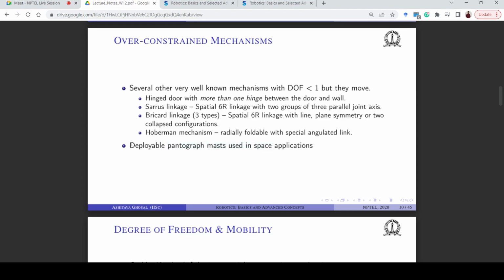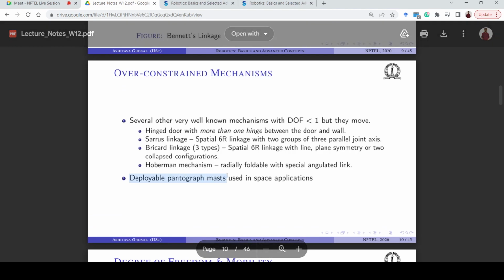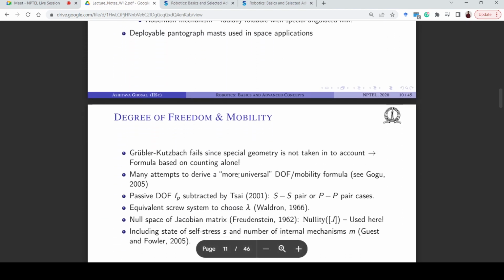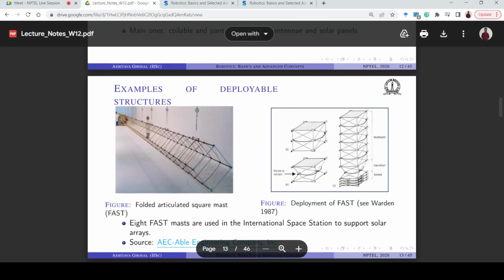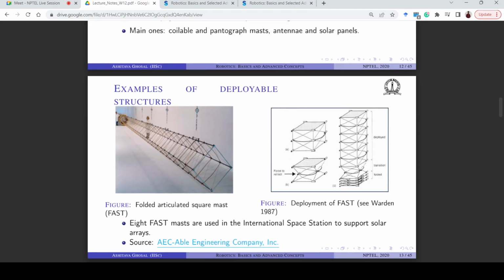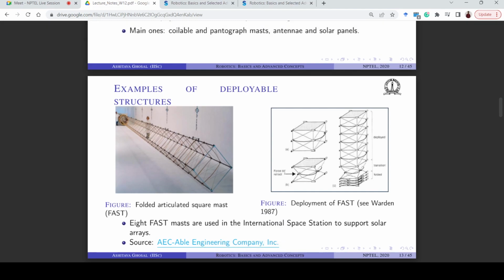This is also an example of deployable pantograph masts that are used in space applications, as given in the image here. They use the pantograph mechanism so that they can collapse when they need to be transported, and then they can expand, or are essentially deployed, when they reach their target location.